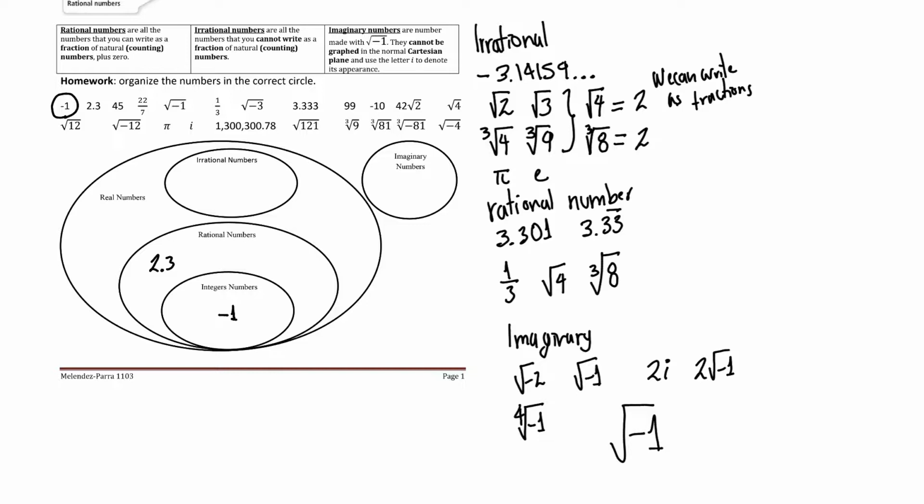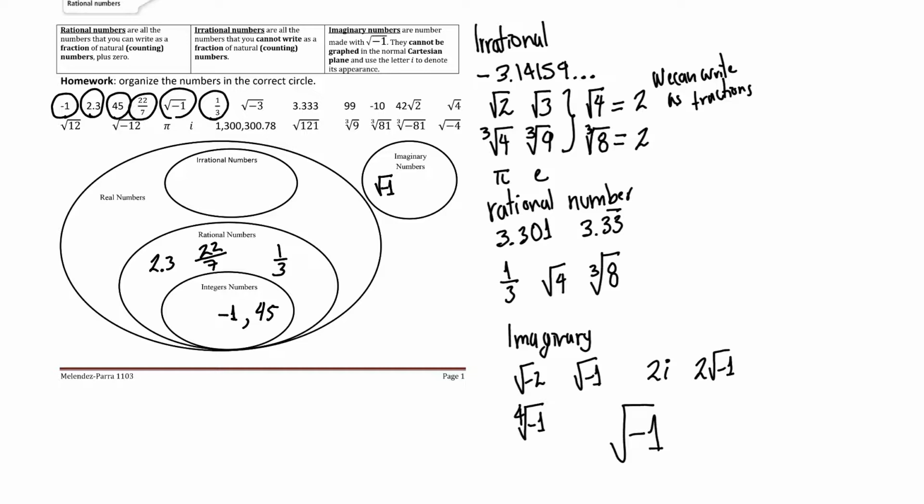So we have 2.3. 45 is the same thing as 1, an integer. 22 over 7 is a rational number because it's a fraction. Square root of -1 is an imaginary number, okay, because it's a negative number inside a square root, or an even root to be more specific. Then 1/3 is going to be a rational number.